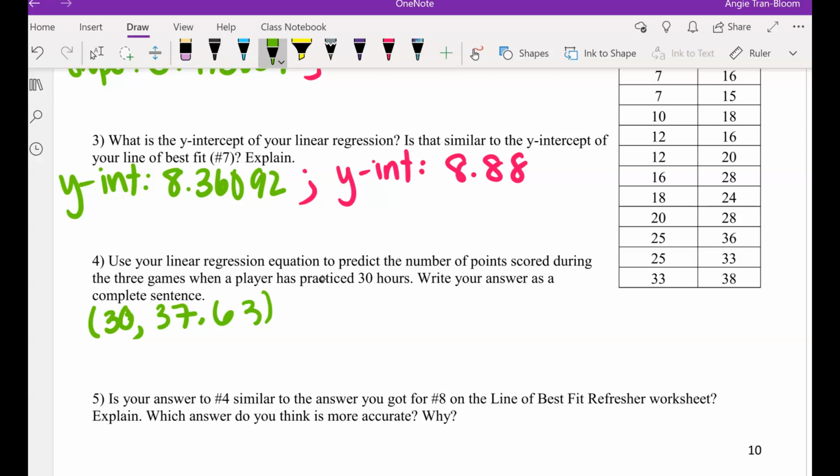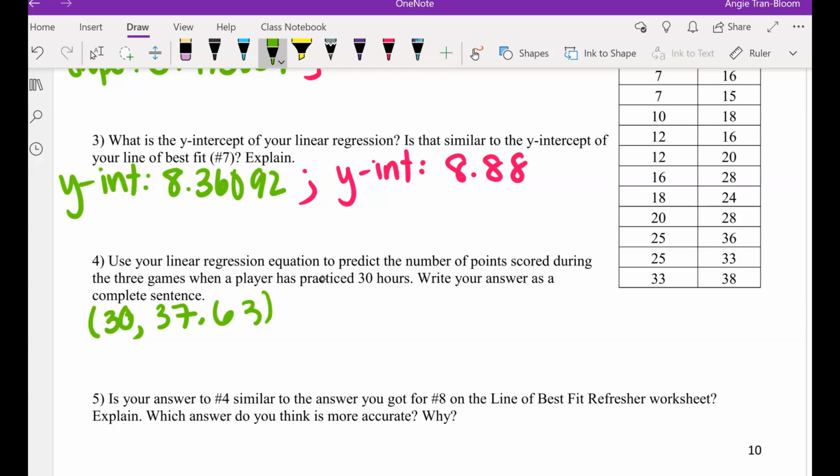Now in a complete sentence, how many points did this person score? About 37 or 38, right? Depending on how we round that. How should we round this? Round up or round down? Remember, if you're talking about sport, there's no right or wrong way. Does that make sense? So do you guys want to write 38 points that this person scored or 37?